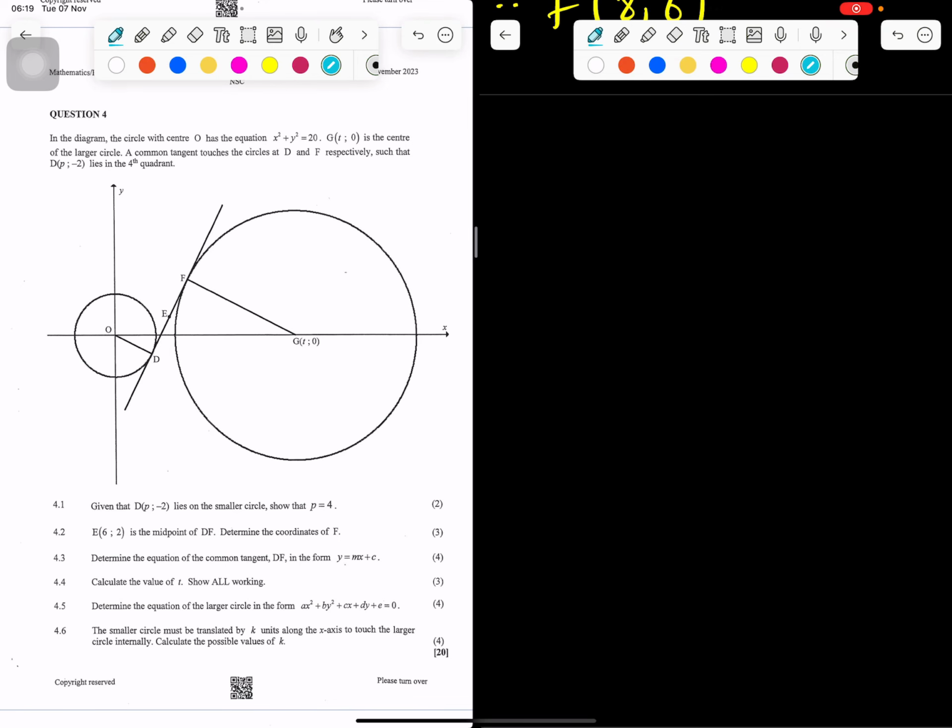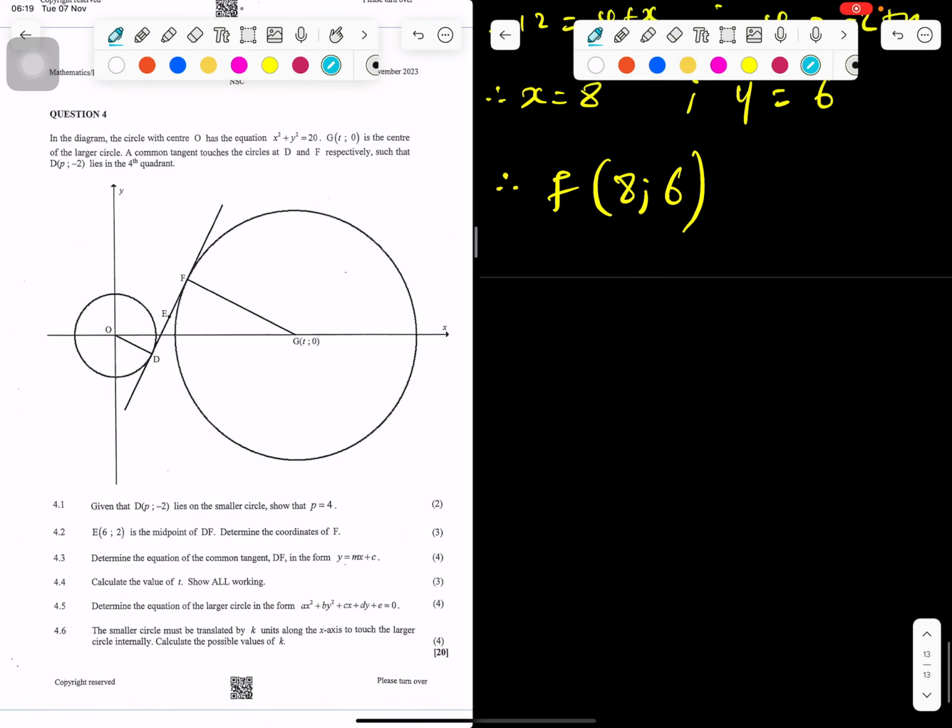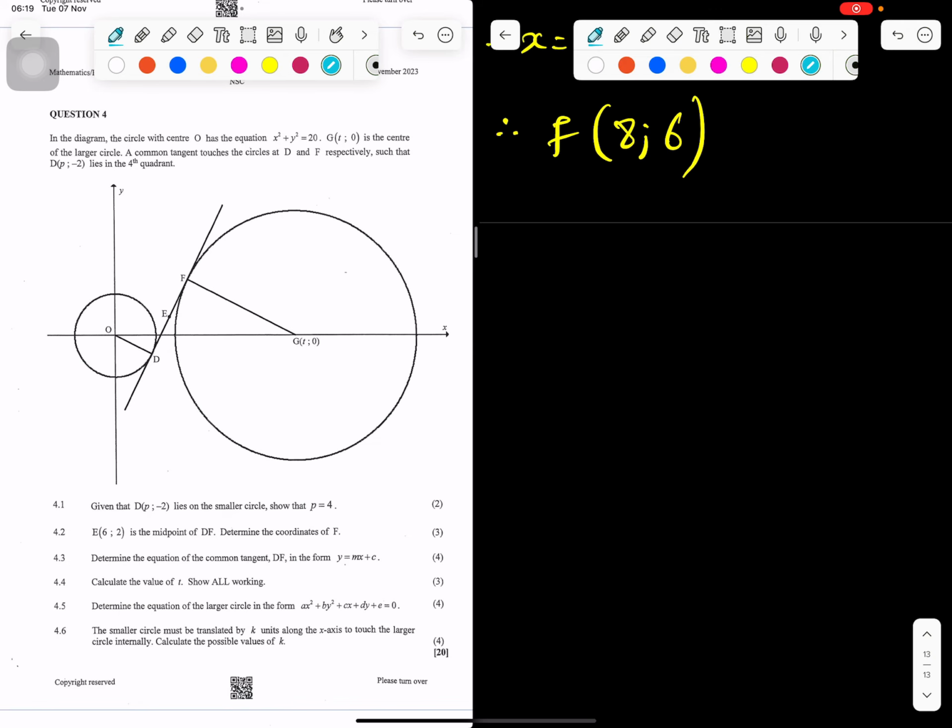Okay, where are we going now? 4.3, determine the equation of the common tangent DF in the form of y equals mx plus c. So now I will need to find the gradient of DF here, which is going to be the change in y over the change in x.